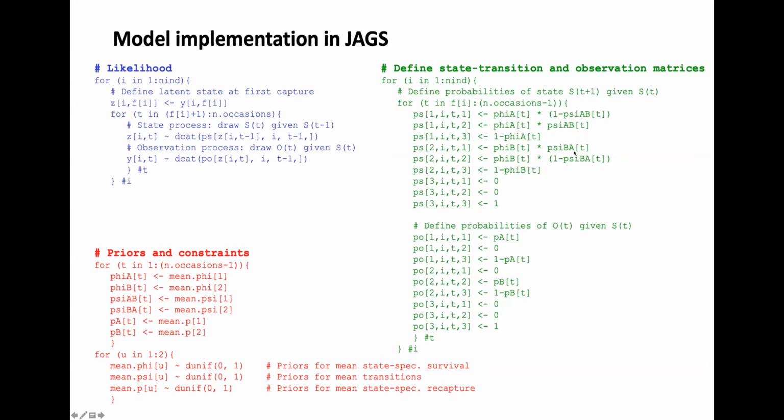And your job is just to make sure that you have the right transition and observation matrices that fit your purpose, and to apply the constraints that you want to have time effect, individual effect, random effects, or whatever, like we did for the Cormack-Jolly-Seber model, right? It's a bit more complex because we generalize to several states.